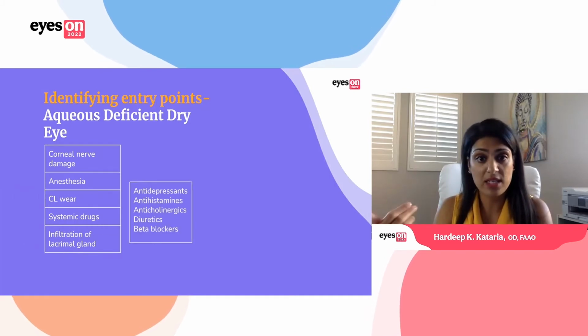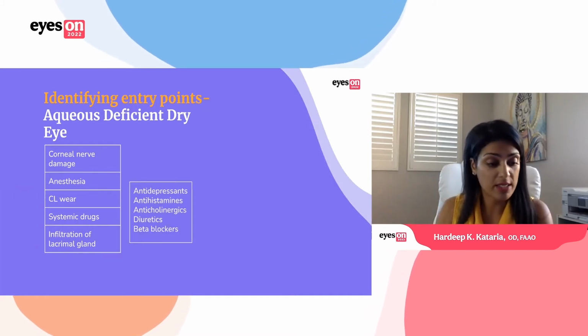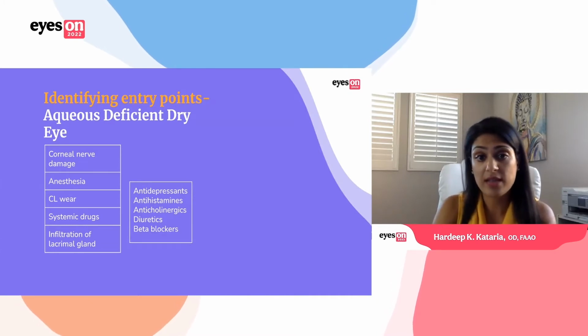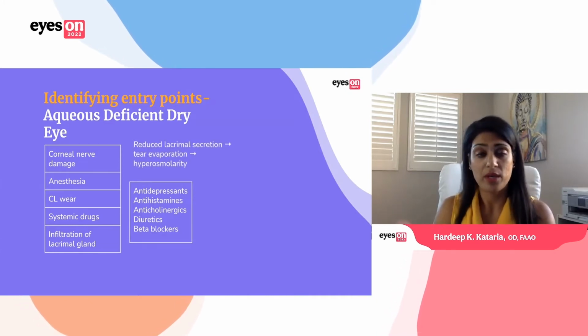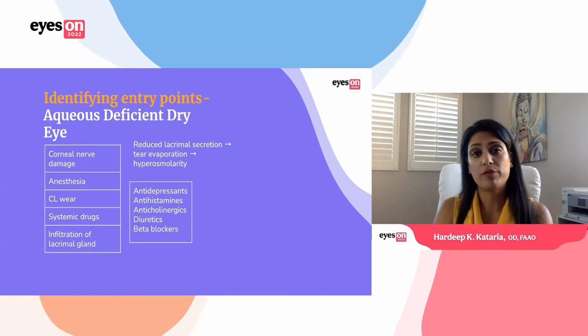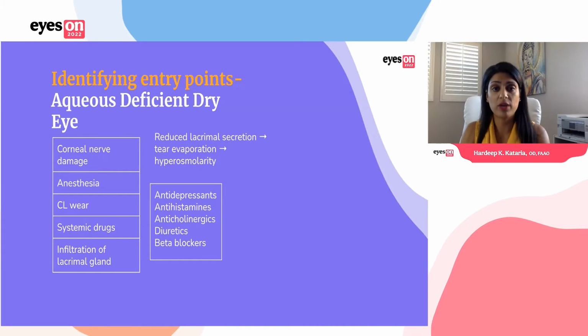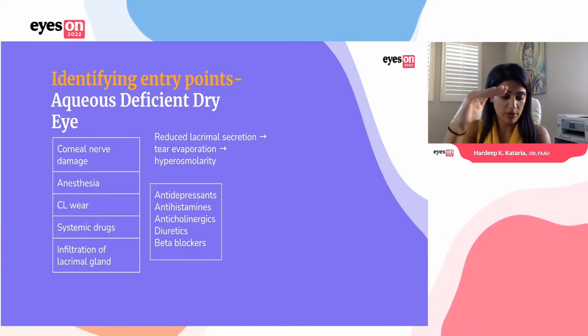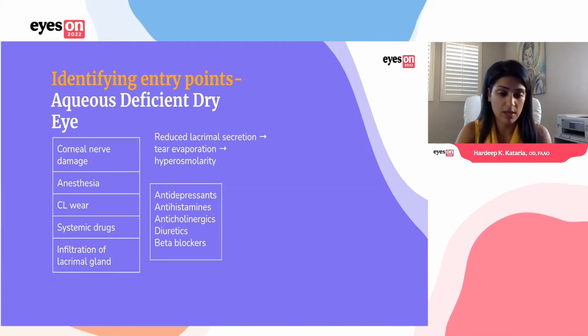So those are antihistamines or antidepressants, diuretics, beta blockers, and then infiltrative disease of the lacrimal gland, such as Sjogren's syndrome. So when you have a reduced output from the lacrimal gland, you then therefore enter that cycle of vicious dry eye, starting at the top with tear evaporation, and then increasing the salt in the tears, and so forth.